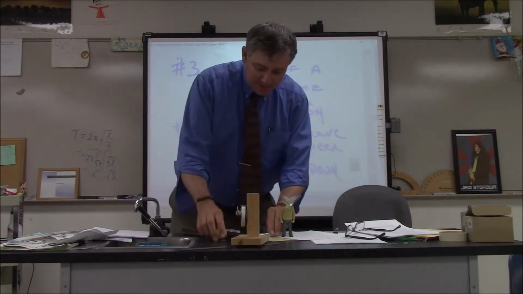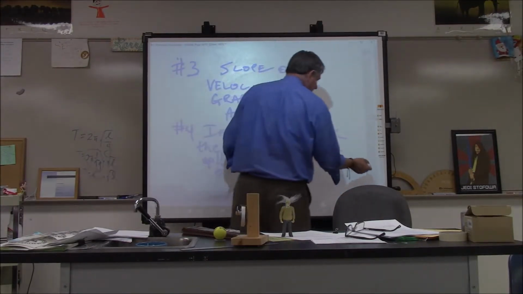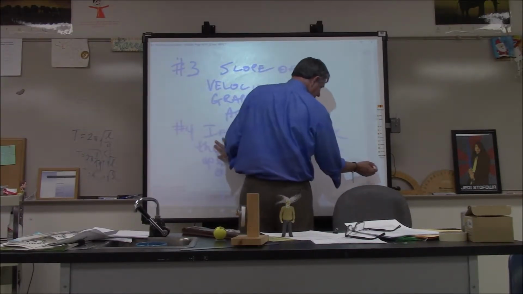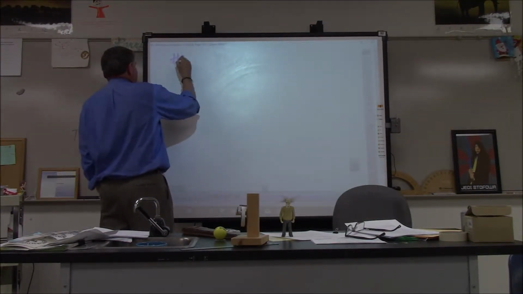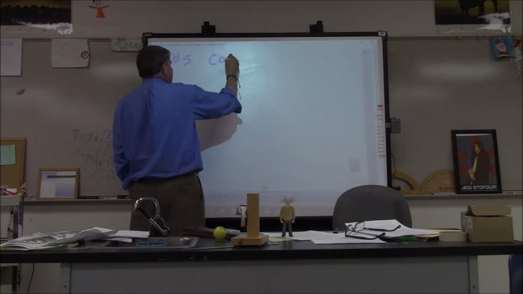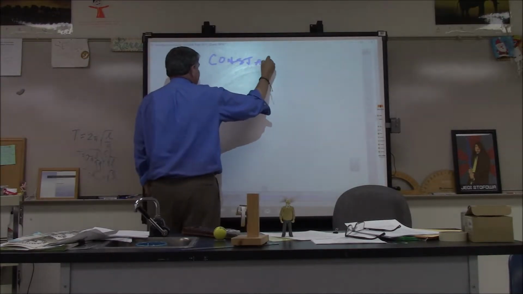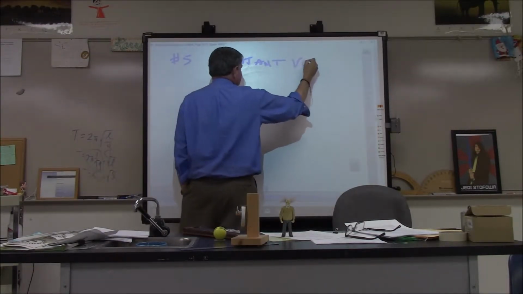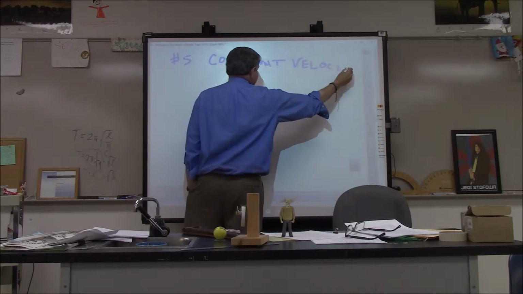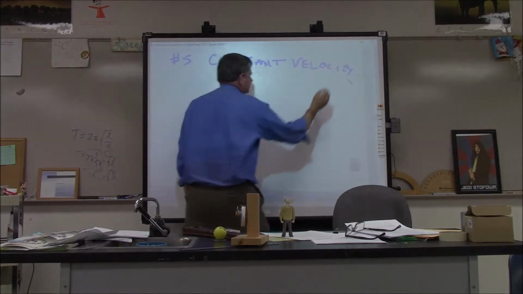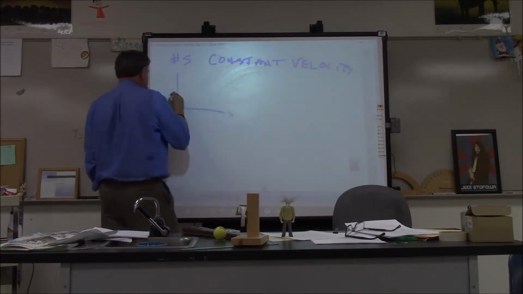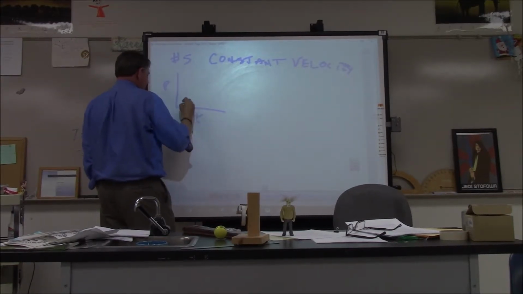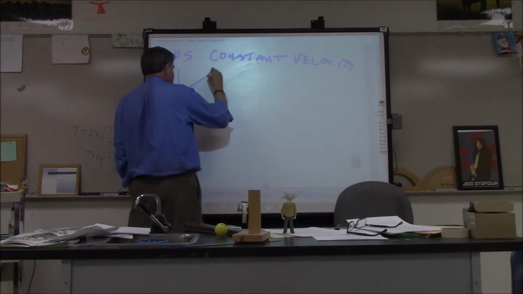Now, let me show you how this plays out. This is going to be golden rule 5-ish, in terms of how we show constant velocity. You have to realize how this is shown on different graphs. So let's say that you've got a position time graph that looks like this.